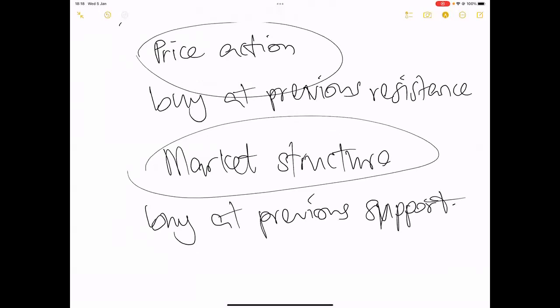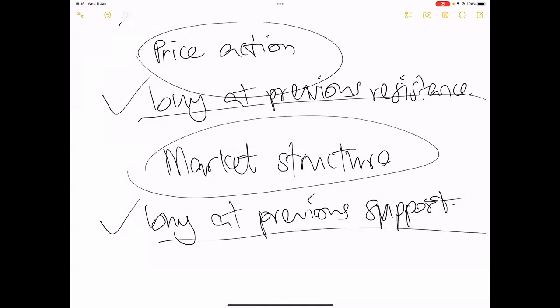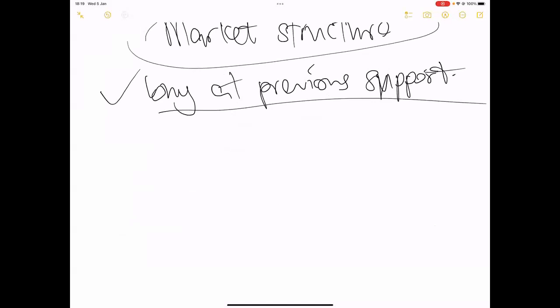Now look at this. Both are very much valid. However, the one that has the most impact in the market is previous resistance. But we cannot invalidate this, because this is also true. So what I do is I mark up this place and I mark up this place.